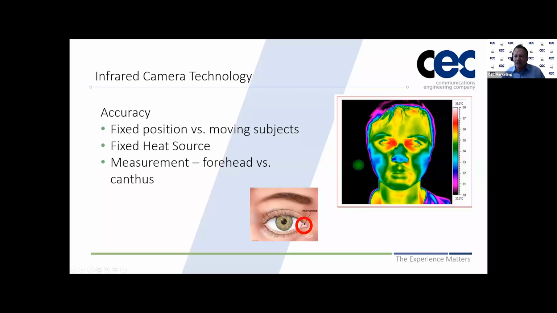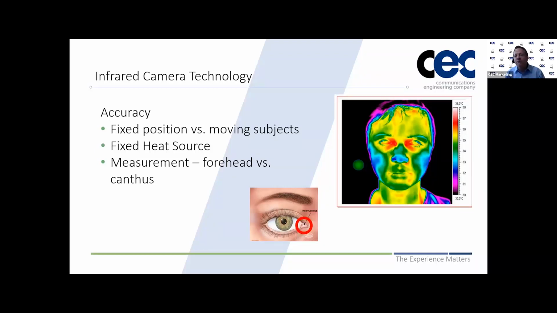Another factor that is relevant in terms of the accuracy is the measurement location. These infrared cameras measure the surface temperature. And of course, the forehead is susceptible to cold, hot, things like that.